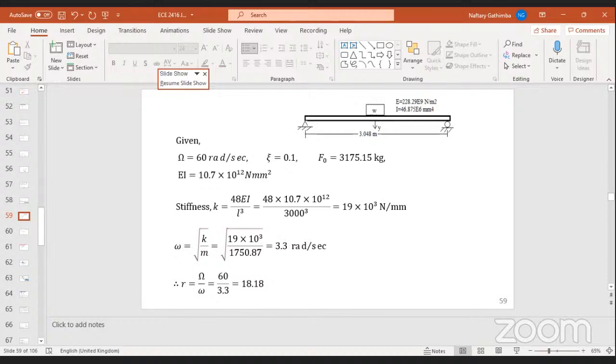So as long as you are given the fixity for the column or beam, and the section properties of that beam or column, you can get K. But you are lucky because we have already solved it here on slide 59. K is given as 48 EI over R cubed.